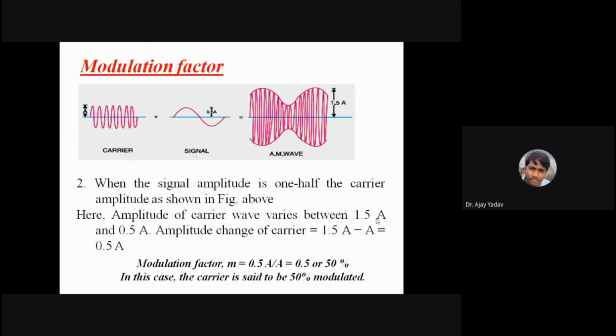AM is from Vivid Bharati 535 kilohertz up to 1600 kilohertz. Usually, AM has been given a lower spectrum in the bandwidth. FM has been given the higher spectrum in the bandwidth.